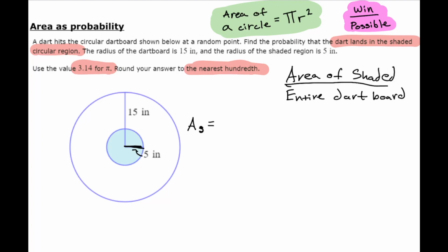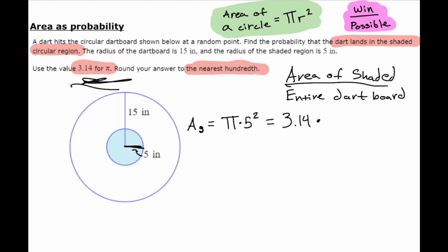So my formula was pi r squared, so I'm going to set it up as pi times my radius, which was 5, and I'm going to square that 5. Pi r squared. Again, I want to write this out so that you guys can see my thoughts. But when I do this problem, I'm thinking it's 3.14 exactly, because that's what the problem told me to do. 3.14 exactly times 5 squared.